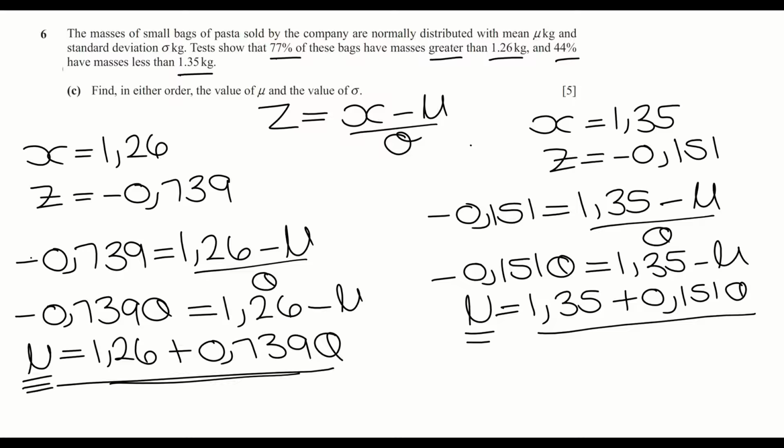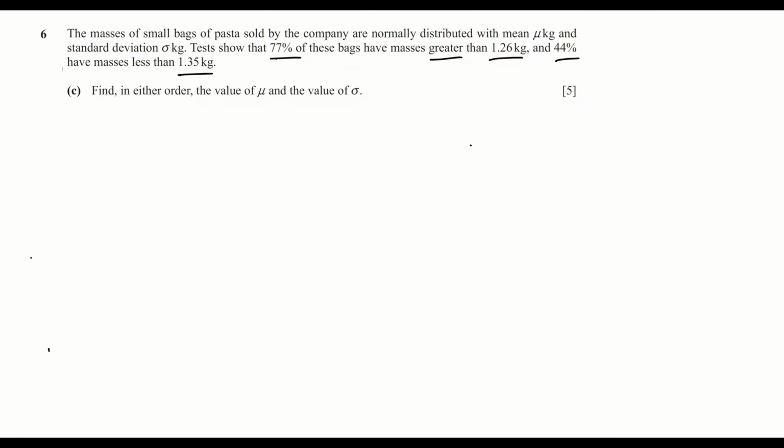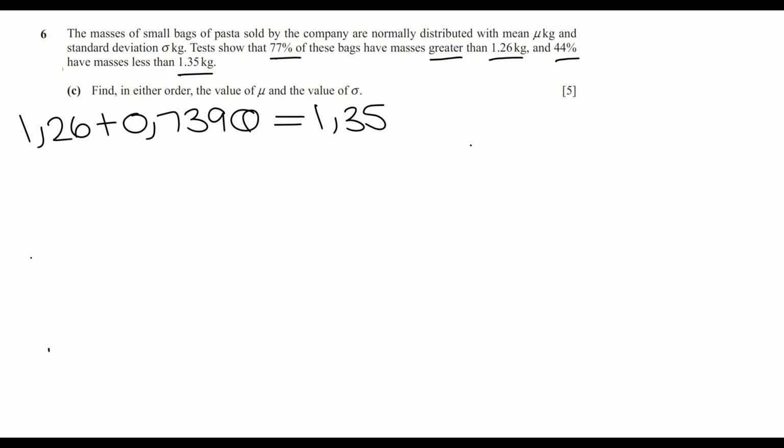which means our equations are equal as well, and we can use them to find the value of sigma. I'm going to make some space. And now I can say that equation 1, 1,26 plus 0,739 sigma, is equal to equation 2, 1,35 plus 0,151 sigma.